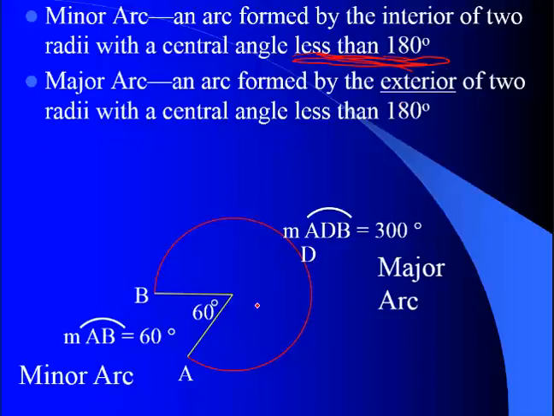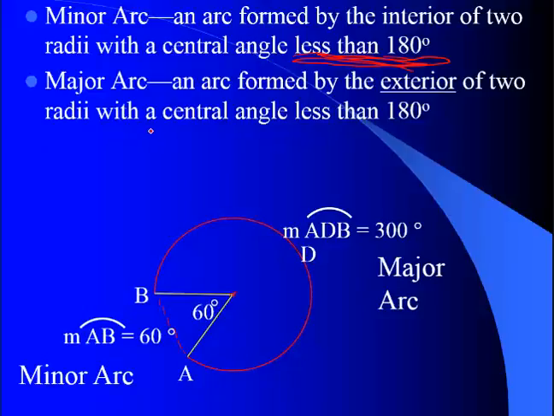Okay, so here's our central angle. Here's the center of our circle. If it's 60 degrees, this arc here that is formed by inside that 60-degree angle, this would be your minor arc. Your major arc goes on the exterior all the way around the back side of it. The measure of your minor arc will always be less than 180, and the measure of your major arc will always be more than 180.